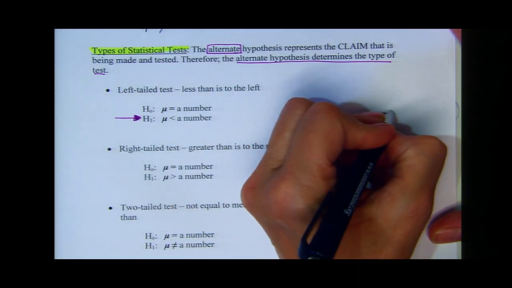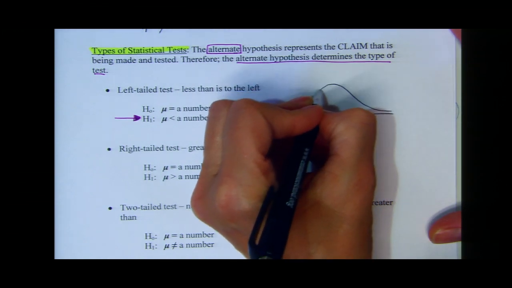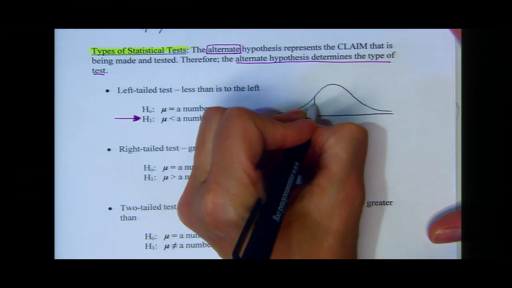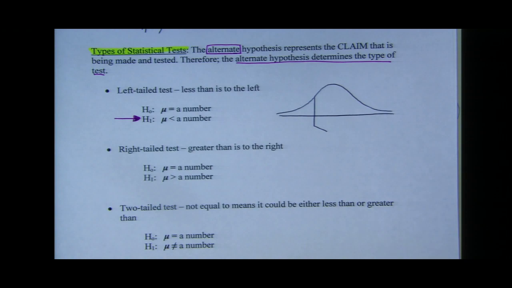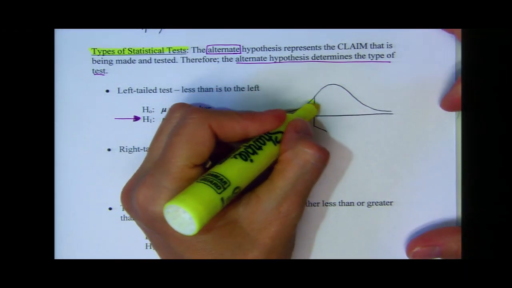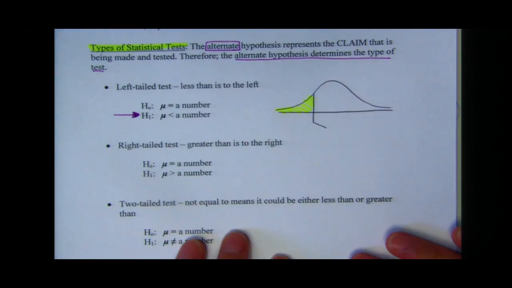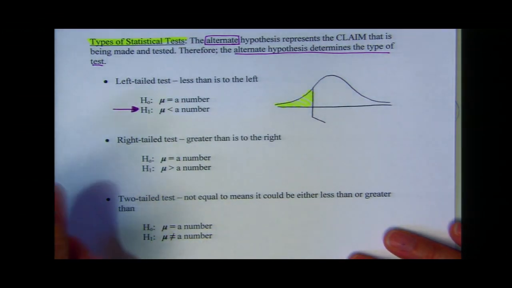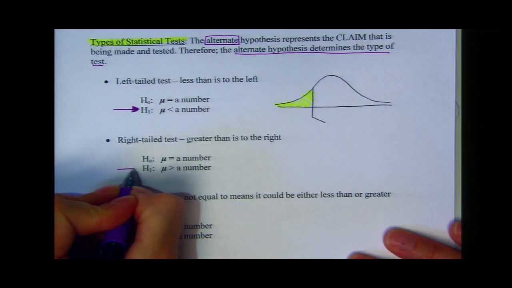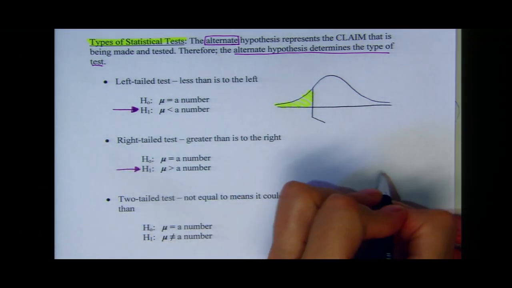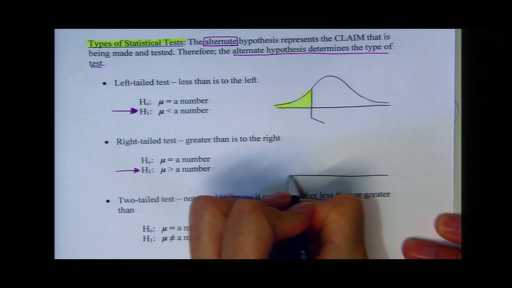So a left-tailed test would look like this. If my alternate is a greater than, then we have a right-tailed test.